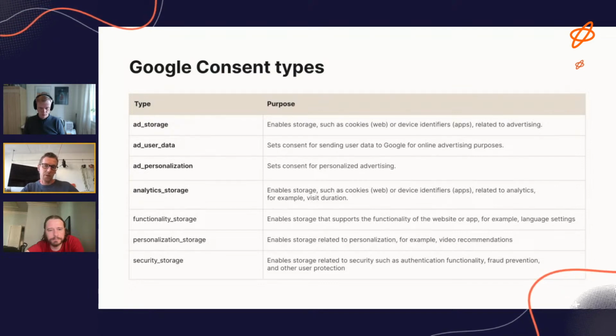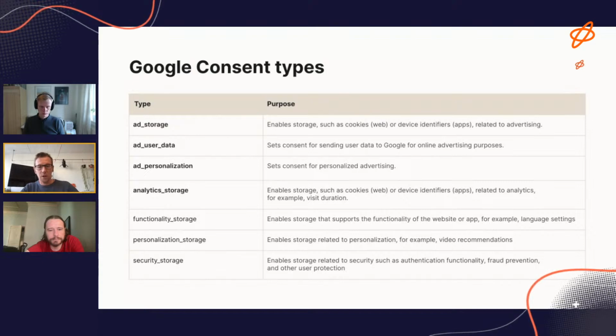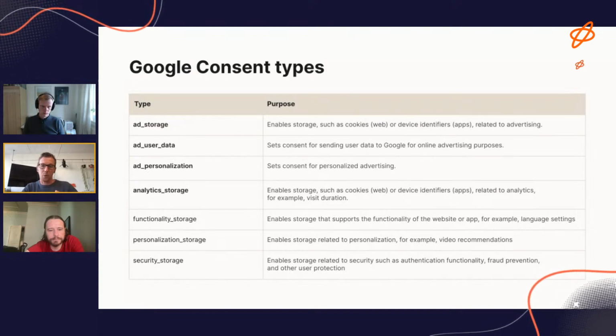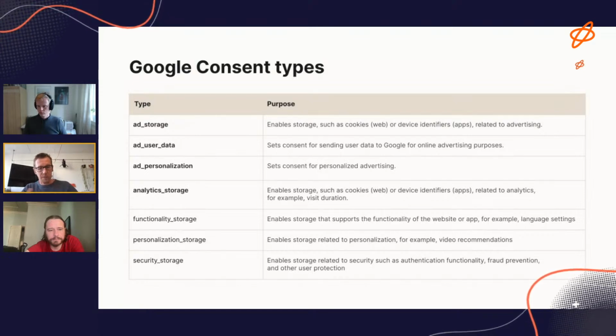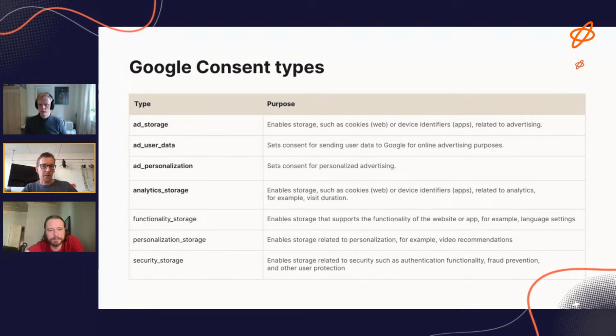A quick introduction on the details of the Google Consent version 2. What Google did is they said, well, we have 7 types of consent that we are working with in our tag manager. So we have 7 items that a visitor of a website either allows us to be fired, to activate and to store and transfer information regarding certain purposes, or that should be disabled when a user doesn't give us that permission.